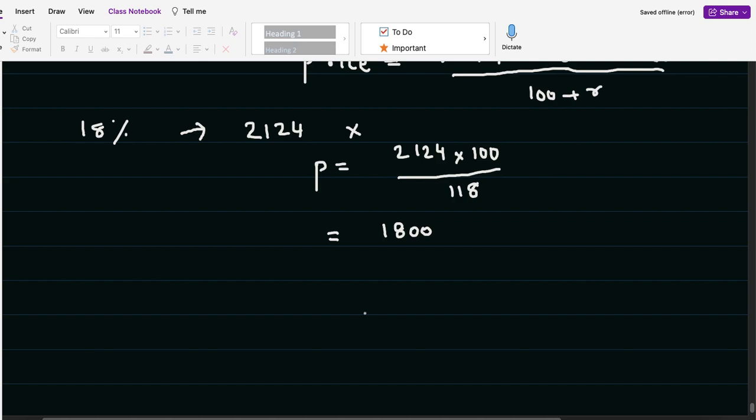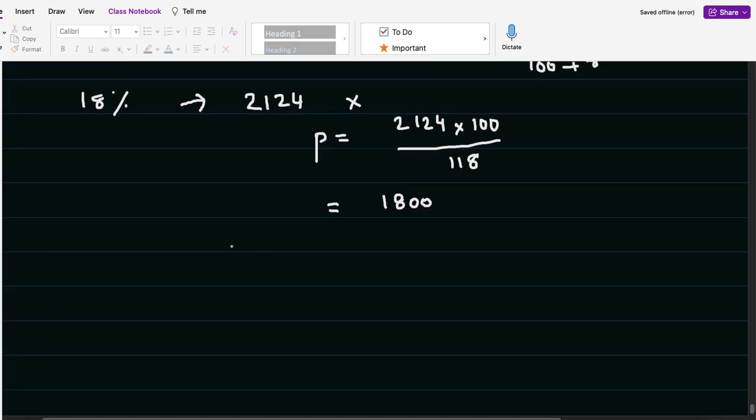Let's do one problem here. A dealer sells an electric kettle for rupees 2150. He reduced the price so the customer pays only 2124.